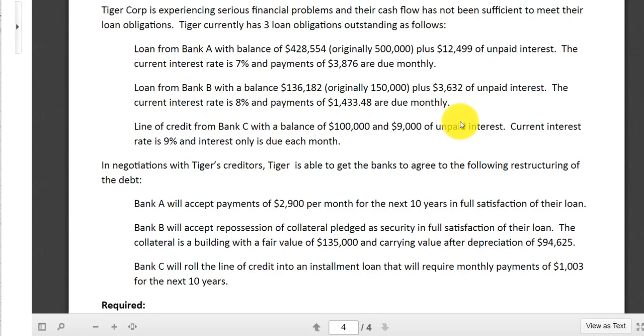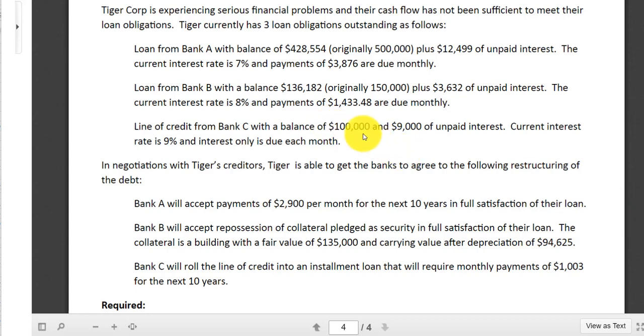Okay, so in sitting down with Tiger, we're going to renegotiate some of these terms, and as we learned earlier, anytime that happens, the bank is going to get less, and therefore it's going to be a loss. So we just need to figure out how much that is, because any change to the terms will be a loss.